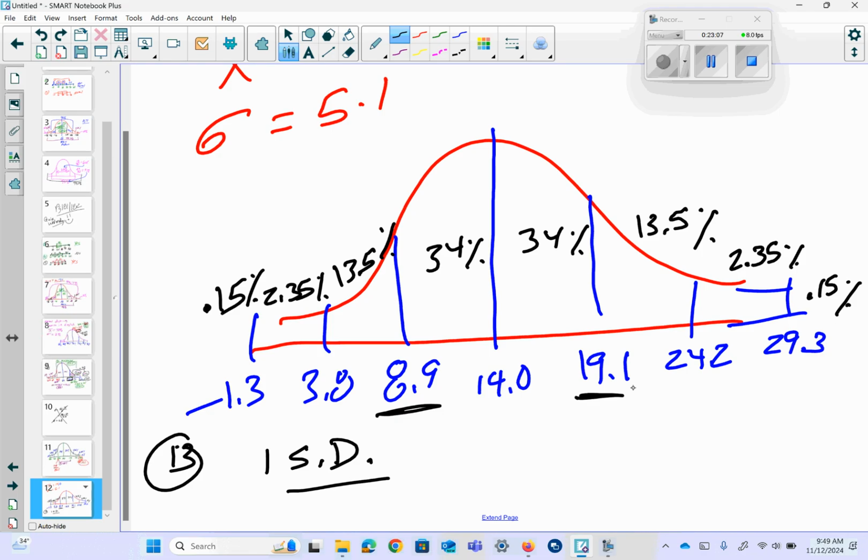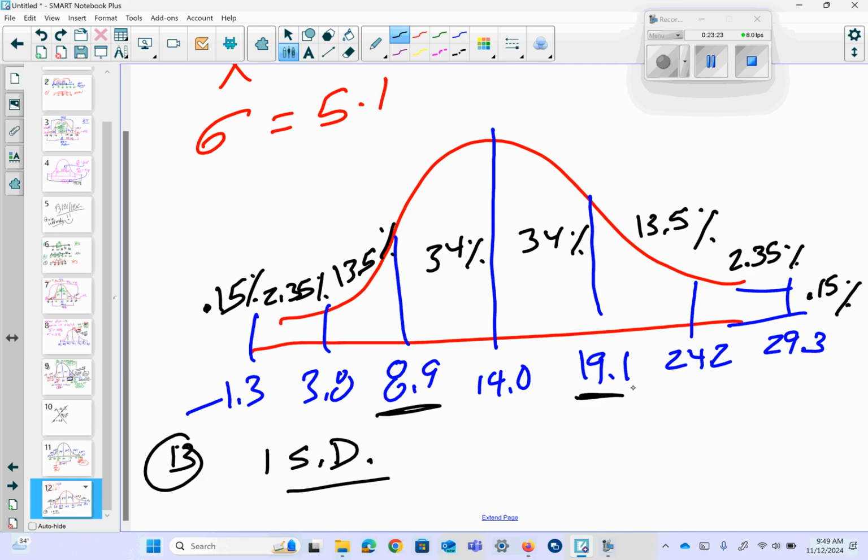This was supposed to be 95%, but 20 divided by 22 gives us 90.9%. Is 90.9% the same thing as 95?